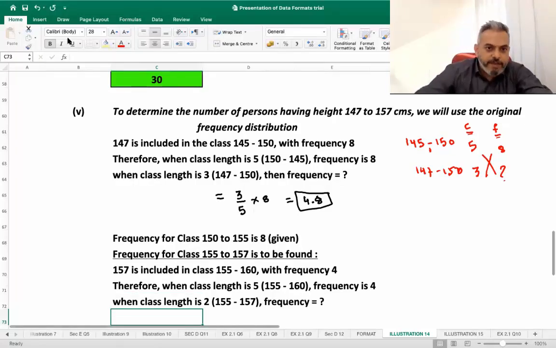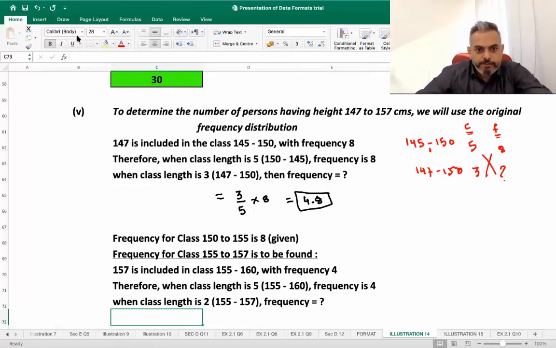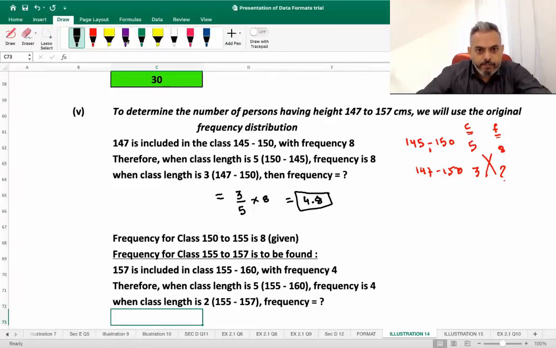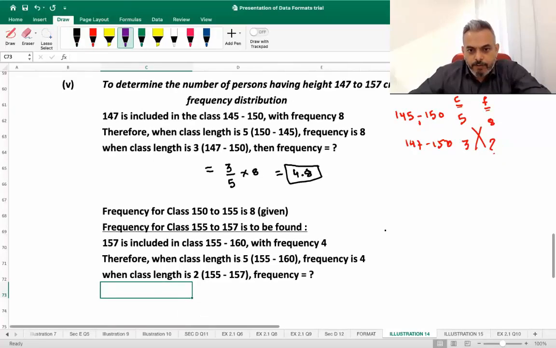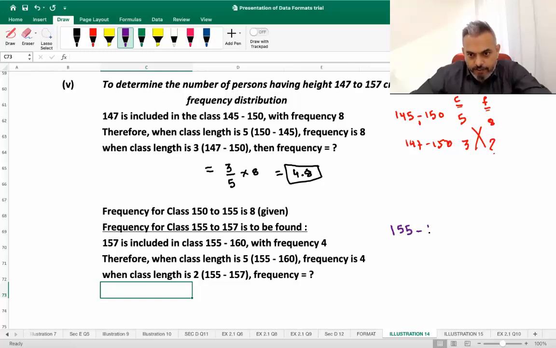Now let's use the same concept and find out. Now 155 to 160, class length is 5, frequency is 4. 155 to 157, class length is 2 and frequency is missing.